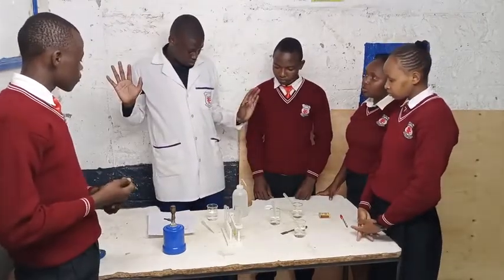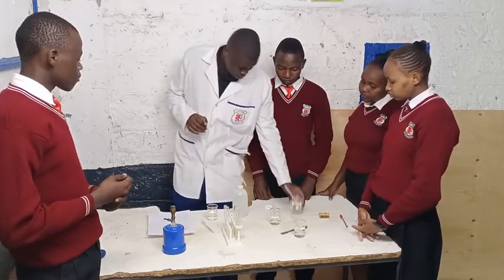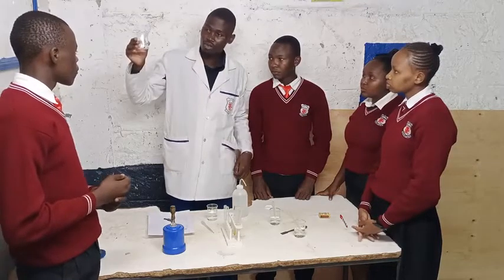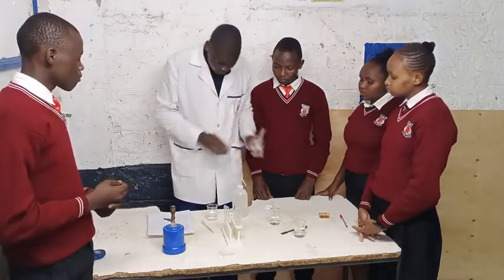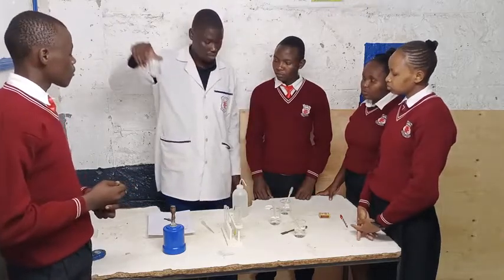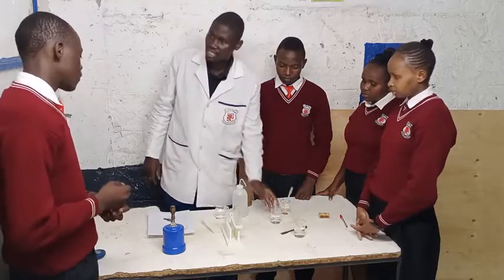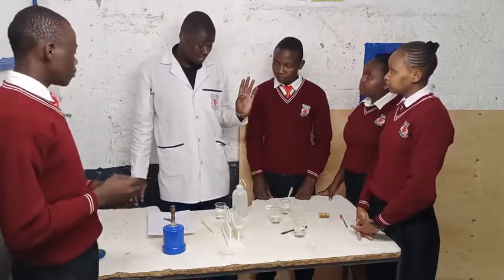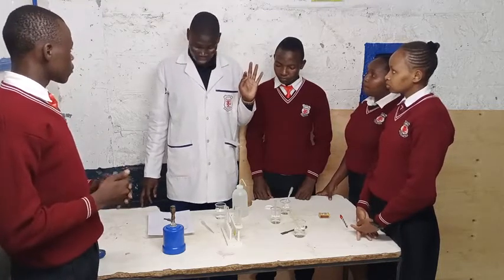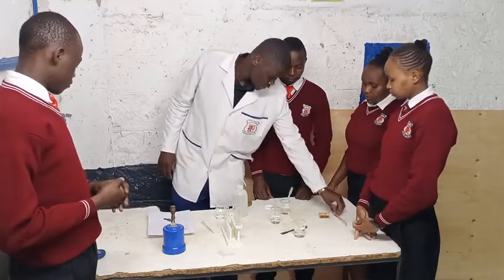So in our conclusion, we are supposed to know how to test cations using ammonia solution, using sodium hydroxide solution, and if possible, potassium iodide and HCl. We have other reagents that we're not given, and when such reagents are given, you'll be required to write your observation.